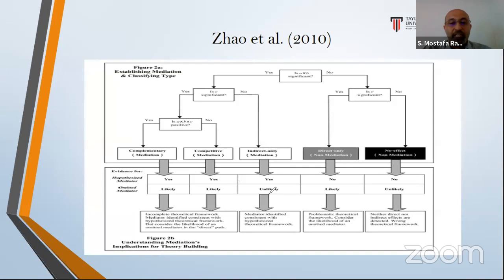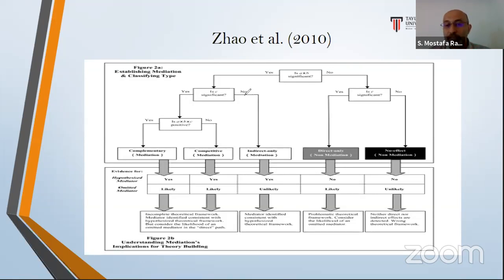If it's significant and the direct effect after including the mediator is not significant, it means all the effect of X on Y is transferred through the mediator. I'm not talking about full or partial mediation.